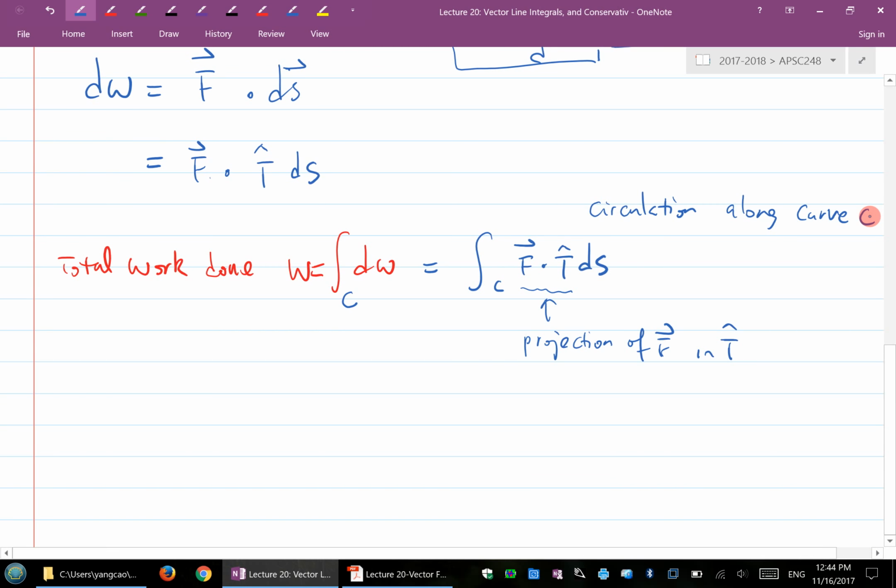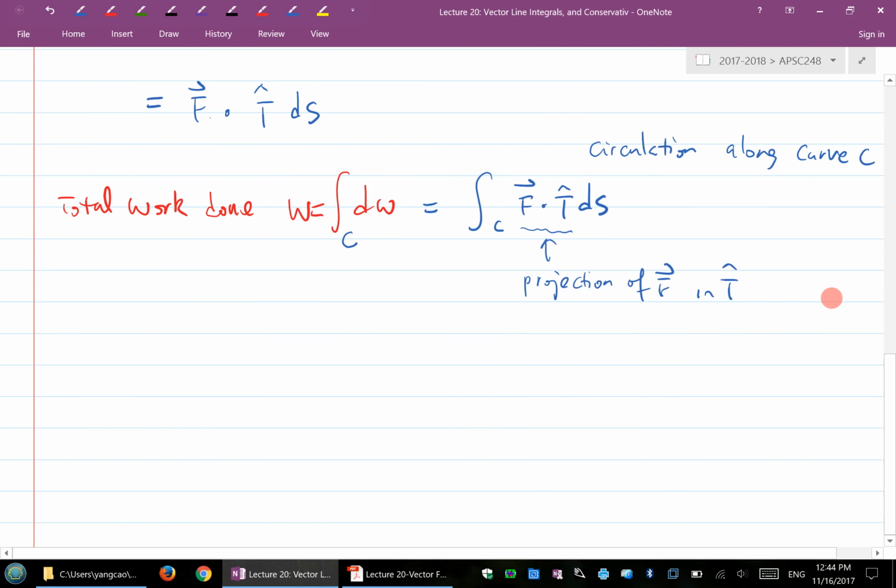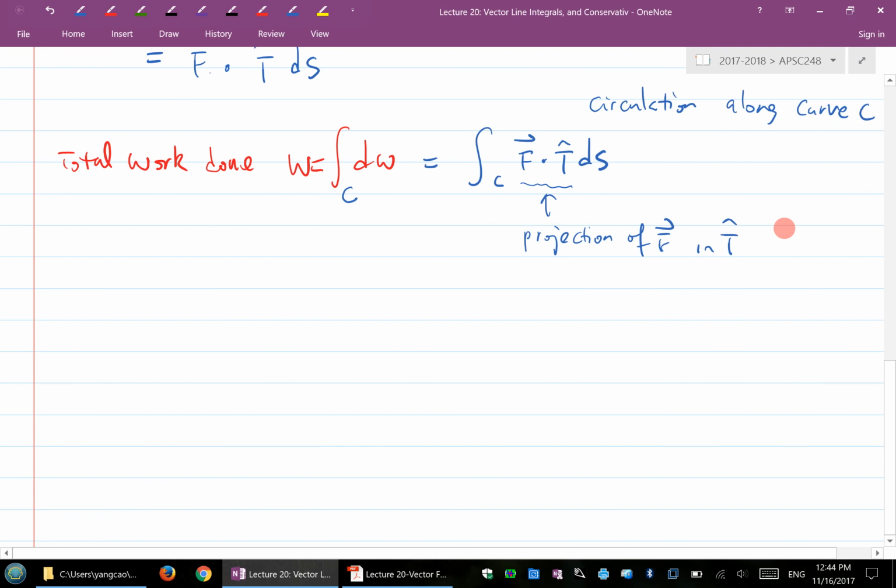So I'll give you a slightly different example here. Now I will shift your mind. Instead of a force field, think about maybe it's a river, a velocity field. And then maybe you have a certain curve, a boundary, whatever shape that you place inside this velocity field.